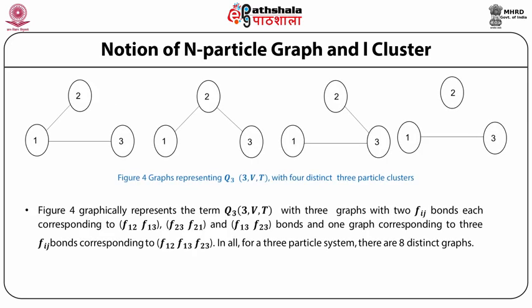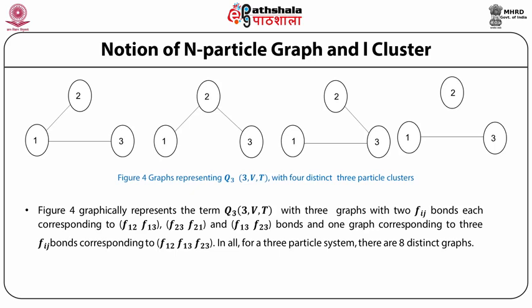Figure 4 graphically represents the term Q3 with 3 graphs with 2 fij bonds, each corresponding to f12 and f13, f12 and f23, and f13 and f23 bonds, and 1 graph corresponding to 3 fij bonds, corresponding to f12, f13 and f23.